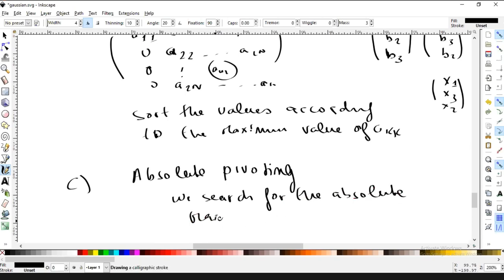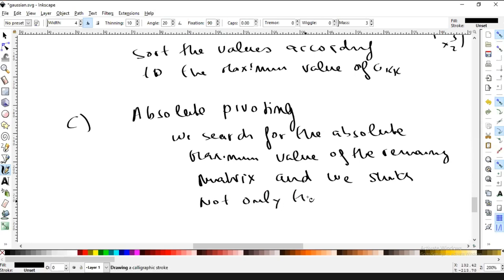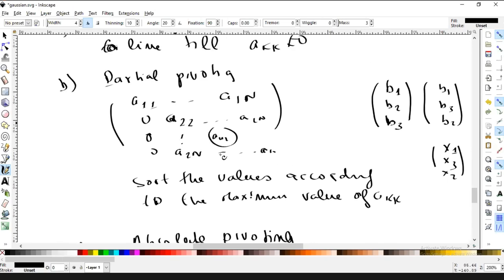We search for the maximum value of the remaining matrix, and we switch not only the line, but the column also, such that the AKK becomes the maximum value.